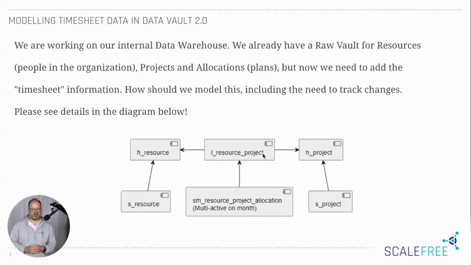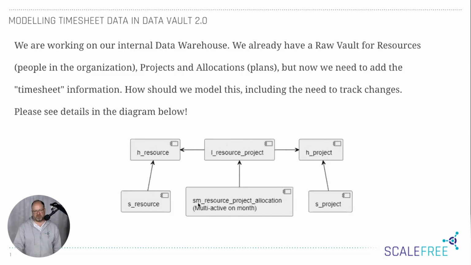What I wonder is, first of all, for this model, what about the effectivity satellites? When resources get deleted, for example, when you remove an employee from the organization, or when you remove the project from a data set here, then you might need effectivity satellites on these hubs here. On this link, maybe as well. Not sure if there's any deletion flag here on the satellite. If that's the case, you could get away with it. Otherwise, I might add one.